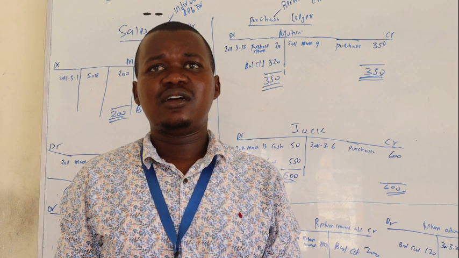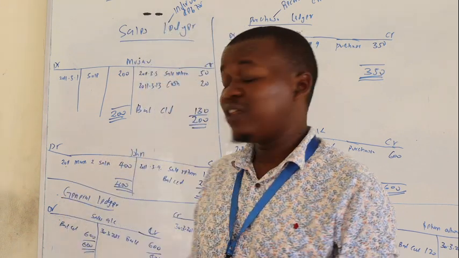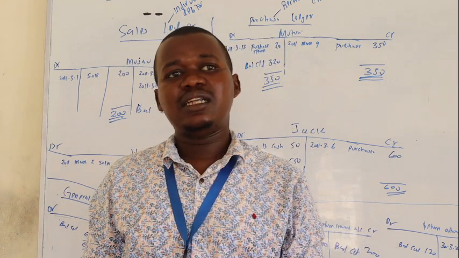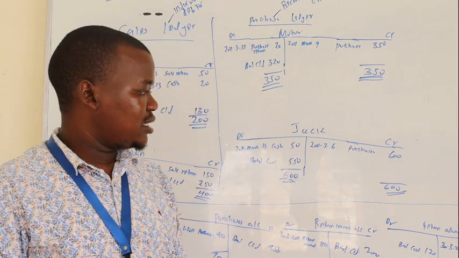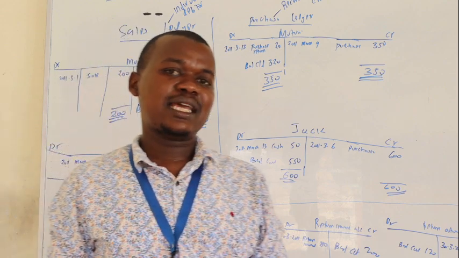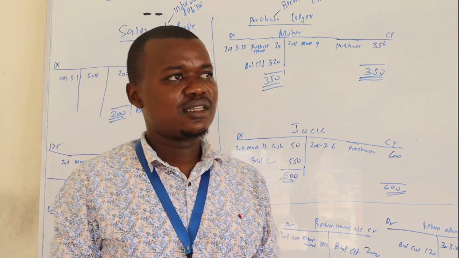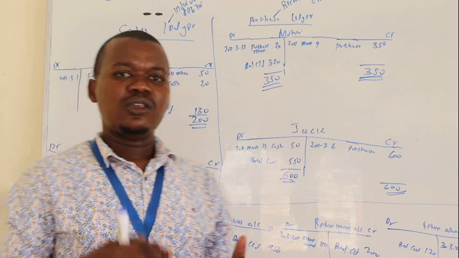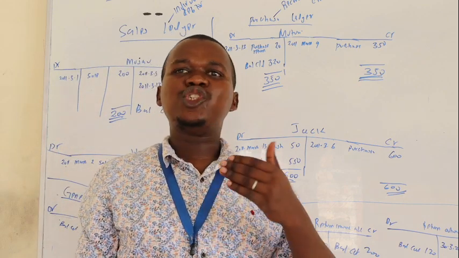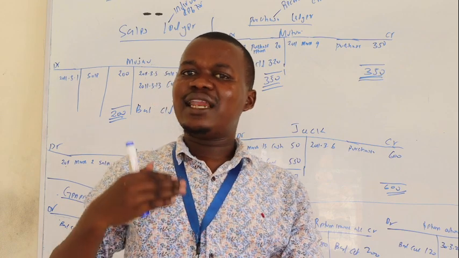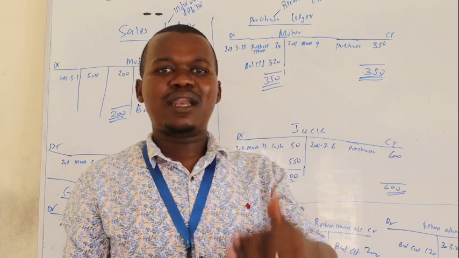So that marks the end of the class, and we shall meet next so that we can proceed now to the trial balance. Because you start from the source document, you go to the journals, you go to the ledgers, and you go to the trial balance.